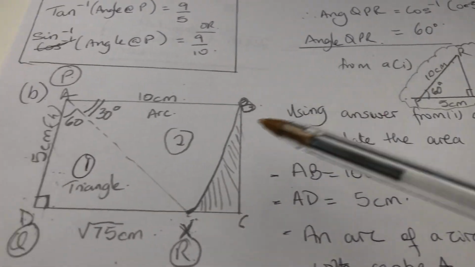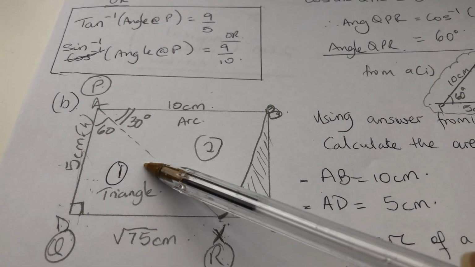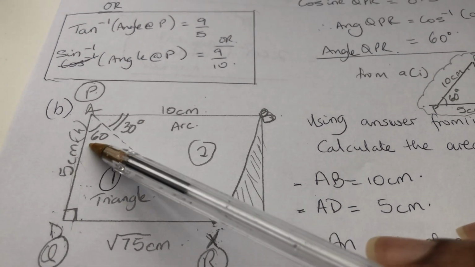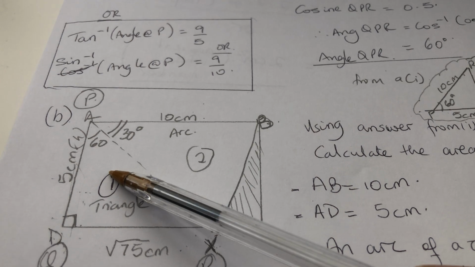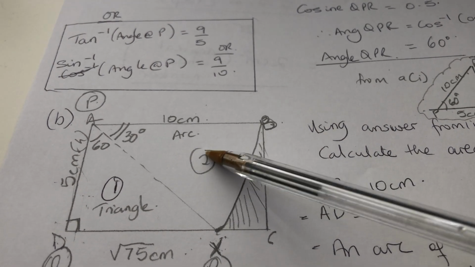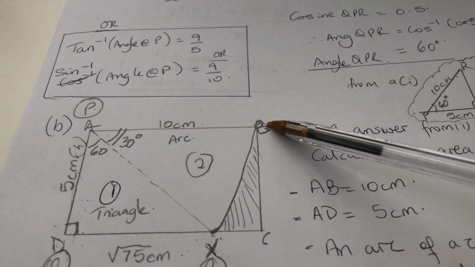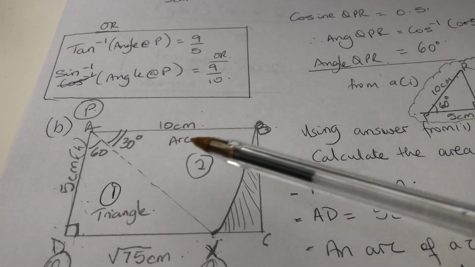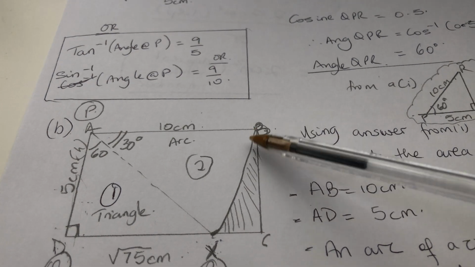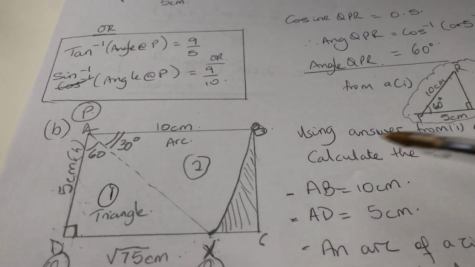So assuming I fit this in here and I can find this area, then I can find the area of the whole rectangle, subtract this area and this area, and what will be left will be this area that I need to find.